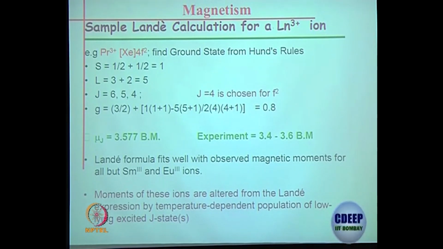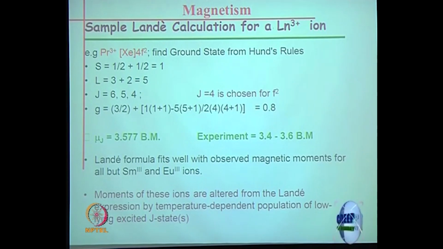ML is plus 3, plus 2, plus 1, 0, minus 1, minus 2, minus 3. 7 of them, 7 orbitals of F. For D, it was +2, +1, 0, -1, -2, if it is degenerate. For P, it will be +1, 0, -1, if it is degenerate. So L is the summation of ML, 3 and 2, which is 5.